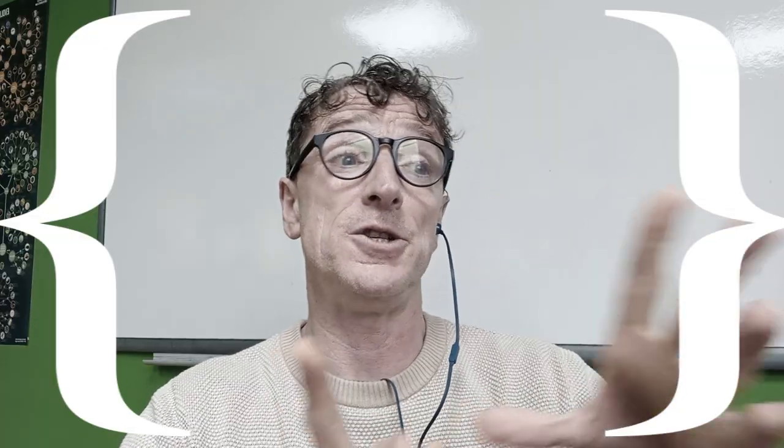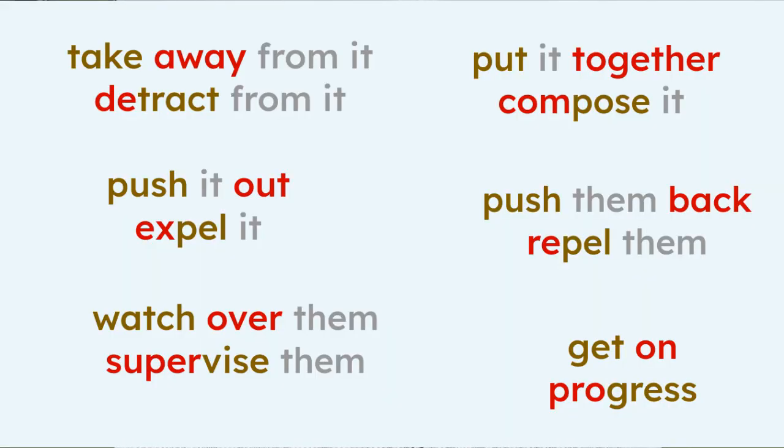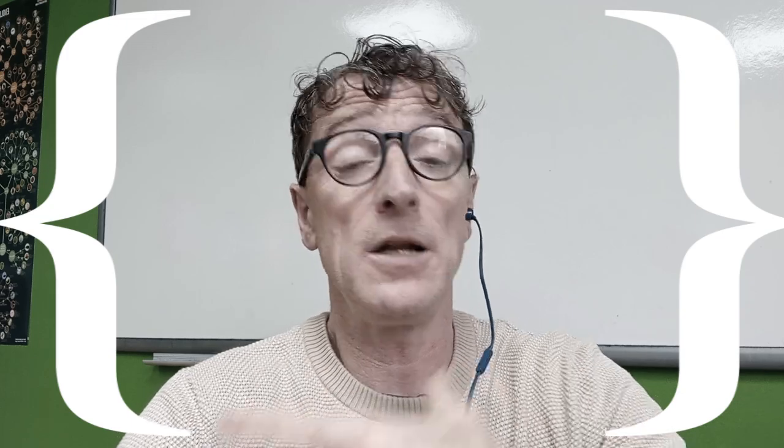The difference, as you can see, is that the direction in Romance languages is expressed with a prefix right there at the beginning of the verb, the bit in red. Okay? These don't look strange to you if you say detract or compose, repel. You're just doing the same as English speakers do with phrasal verbs.